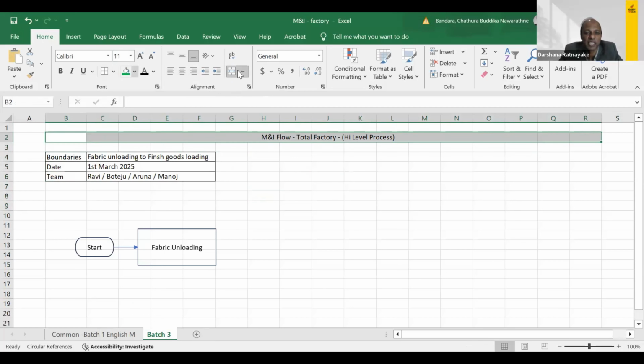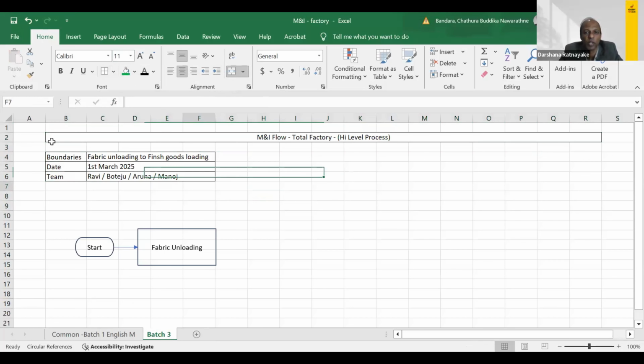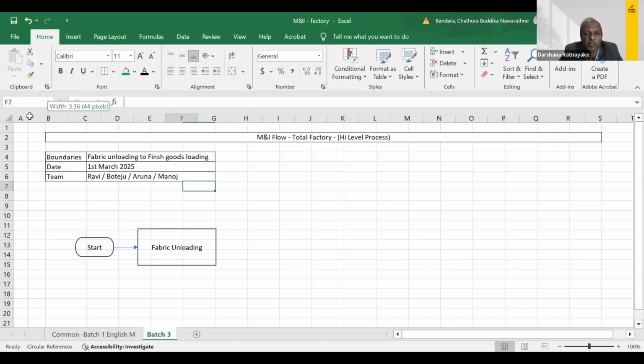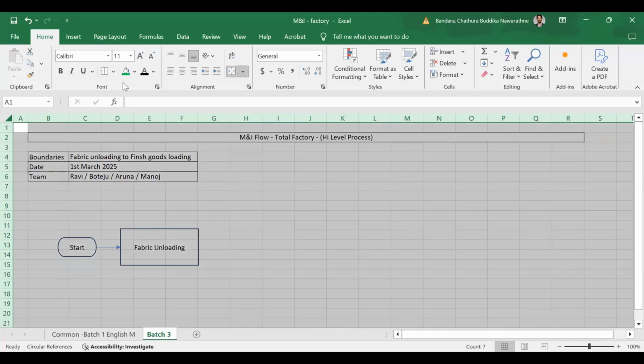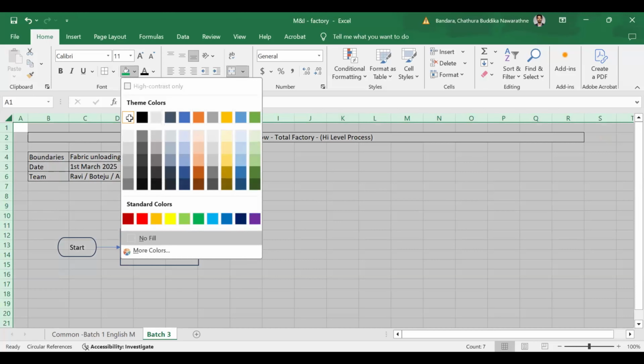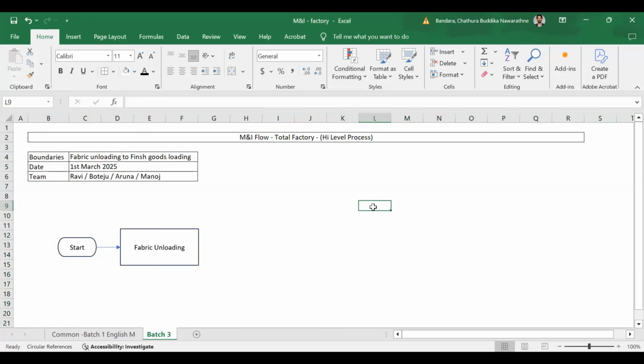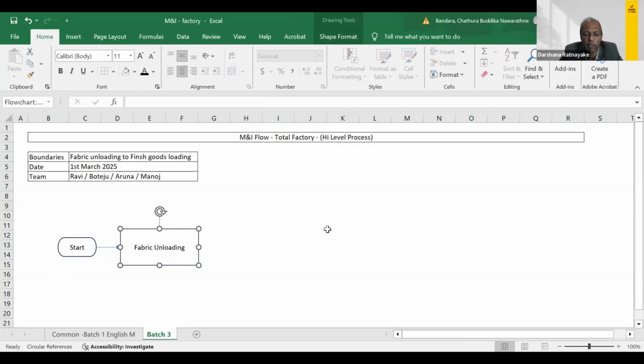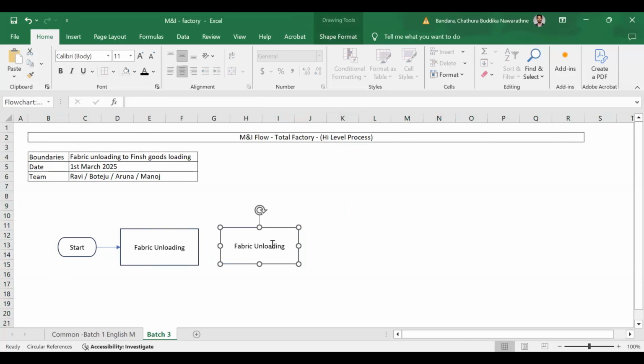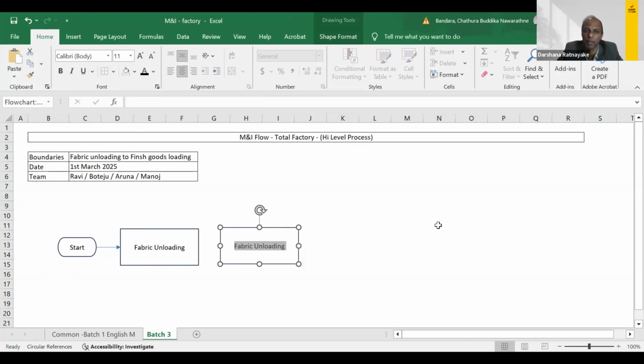What happened next? There are some people who unload the fabric from the lorry. Aruna, yes, sir. After that, fabric inspection. Sorry, we stack the fabric in the fabric warehouse, on a pallet, or how does it happen? We'll draw a little bit high level. Then we deliver the fabric to the fabric warehouse. Fabric warehouse means fabric racks.